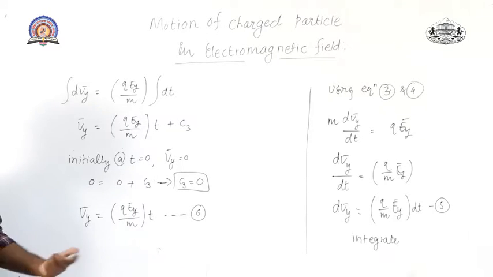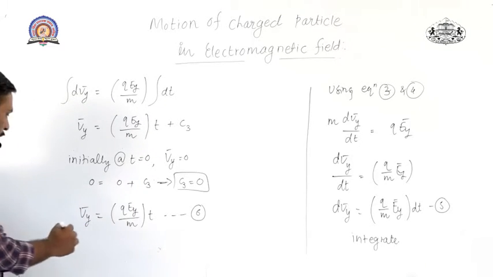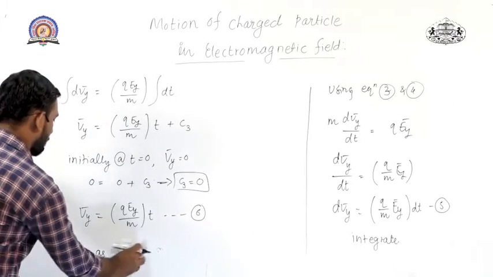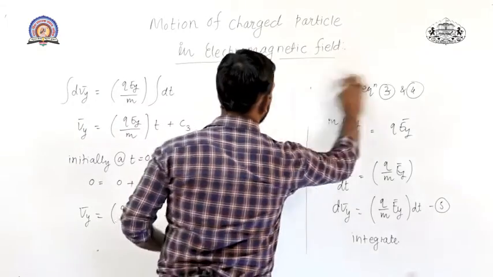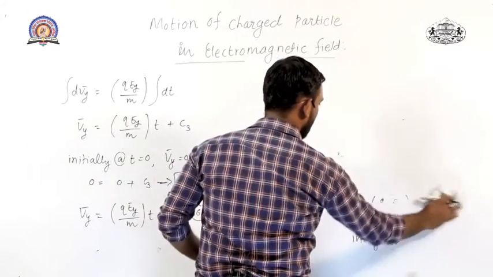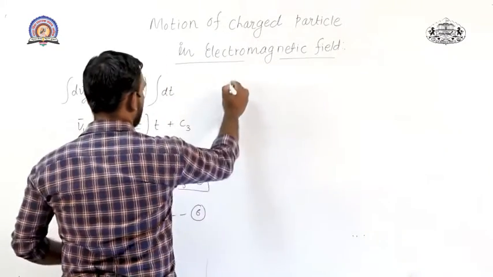So again, extract the position part from this equation. How to write this velocity in terms of position? Velocity is dy by dt.